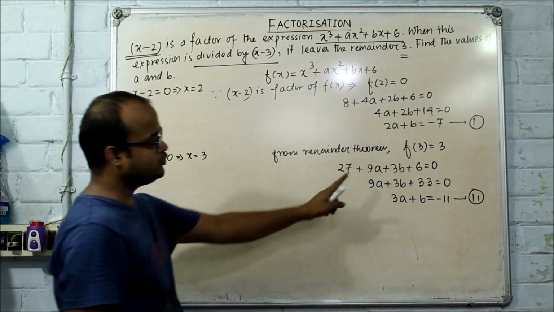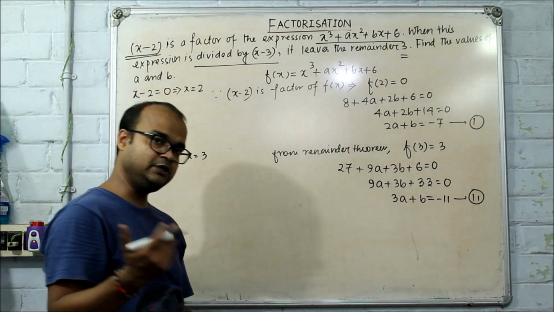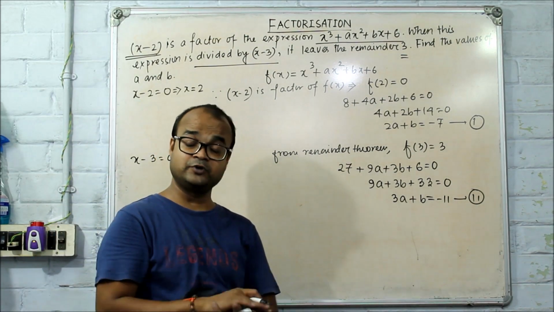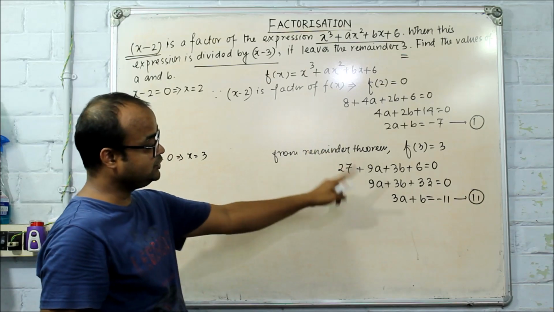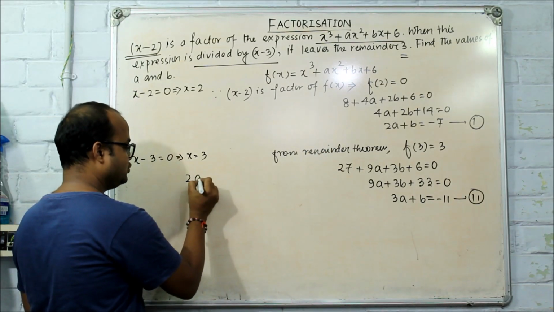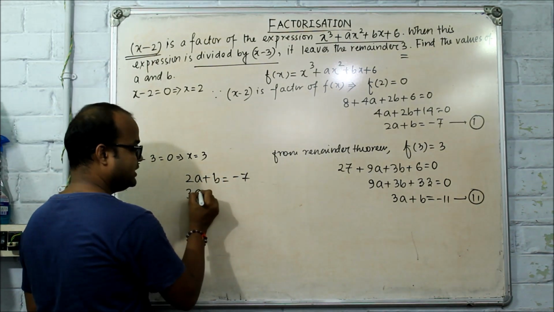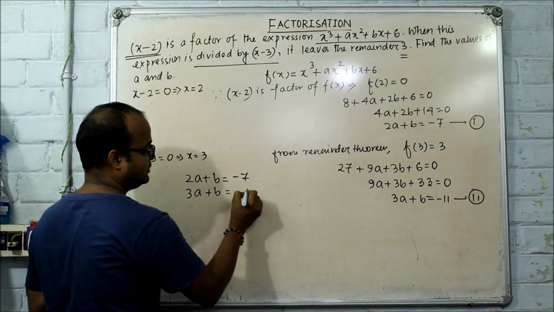Now see, we will get 2 equations. We will solve these equations by any method you are very comfortable with. Solve these 2 equations to find out the value of a and b. So 2a plus b is equal to minus 7, 3a plus b is equal to minus 11.